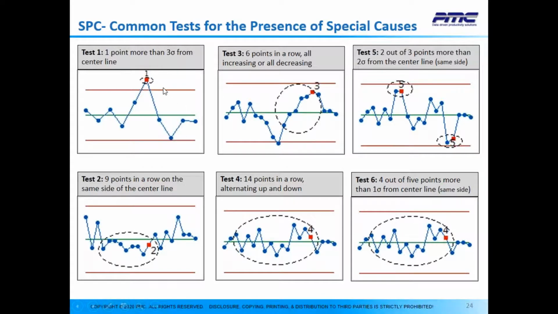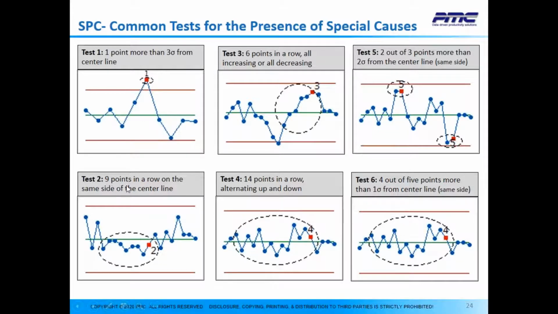As you're going to see when you do the control chart, the numbering schemes on the control charts actually mean something. A 1, 2, 3, 4 means it's failing test 1, failing test 3, and so forth. Can you have a chart where multiple tests fail? Of course you can, but in order for us to clearly define each test, I just wanted to point them out individually so that you can see how the tests are conducted.